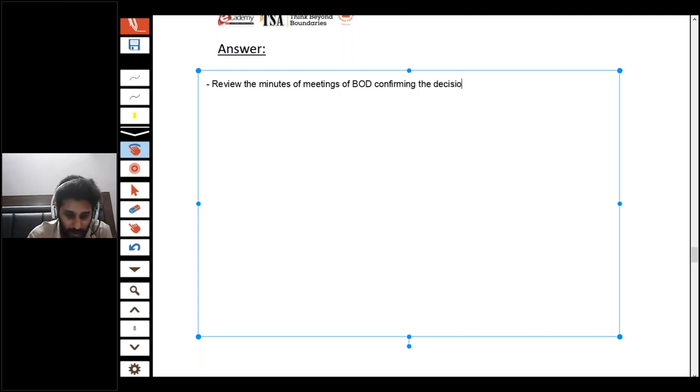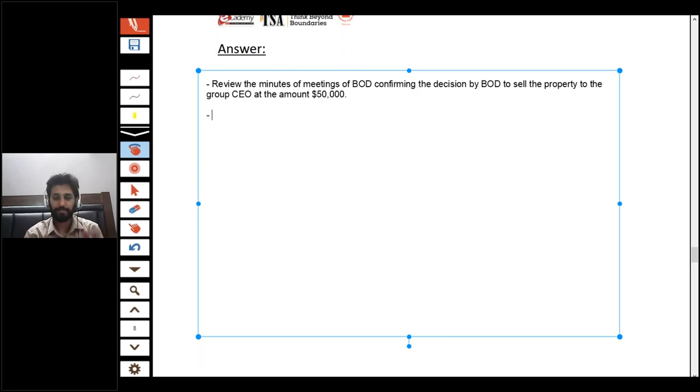Confirming the decision by the BOD to sell the property to the group CEO at the amount of $50,000. I had reviewed the minutes of BOD meetings, right?